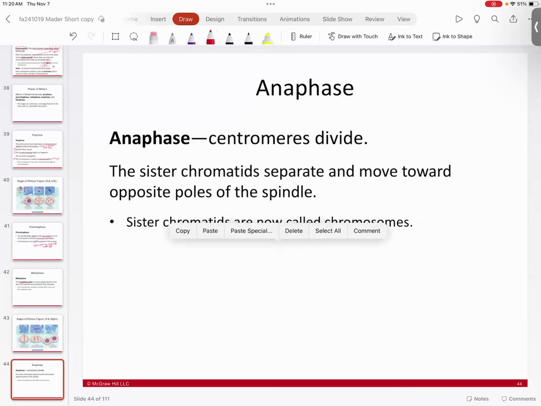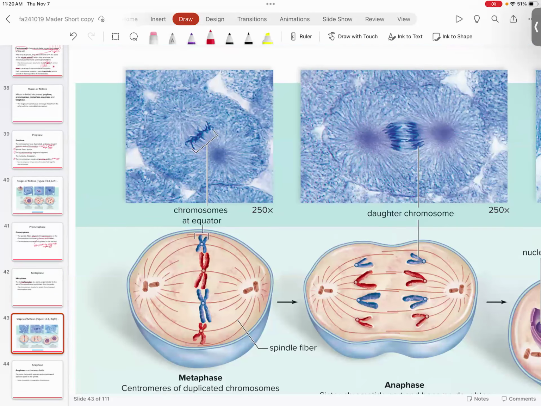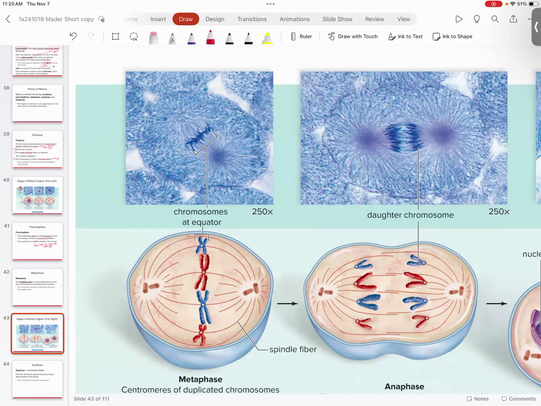Here you can see a metaphase cell where your metaphase plate is basically this little line of central tendency that lines up the chromosomes between the 2 poles. You can see your spindle is well developed here, and all of these fibers are parts of the spindle.